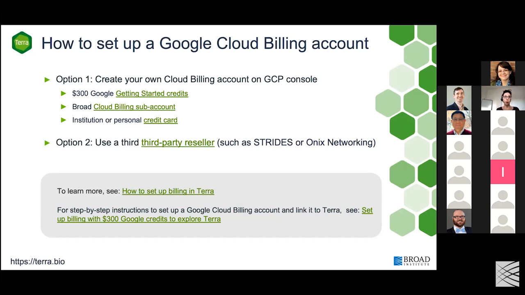If you are at the Broad, you can request a Broad cloud billing sub account, or you can use an institution or personal credit card to set one up. And the second option is to use a third-party reseller, which will do the work for you, an interface between Google Cloud, or GCP, and you, so you don't have to go into the cloud console.